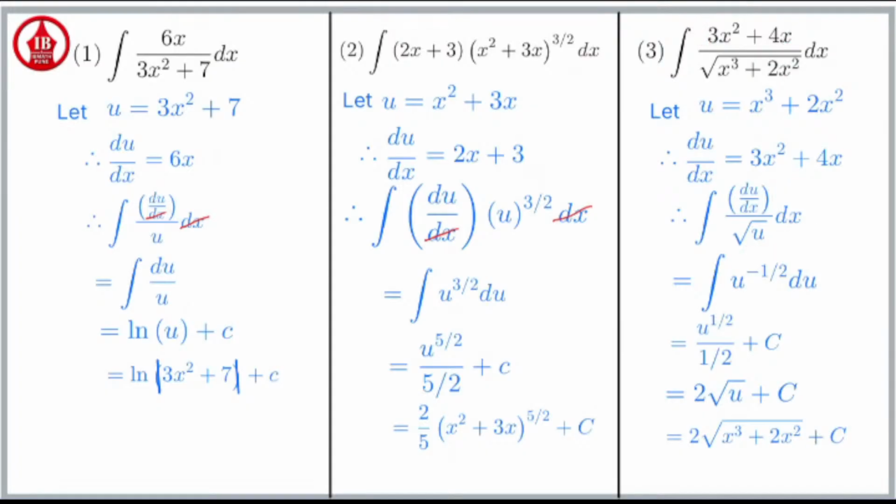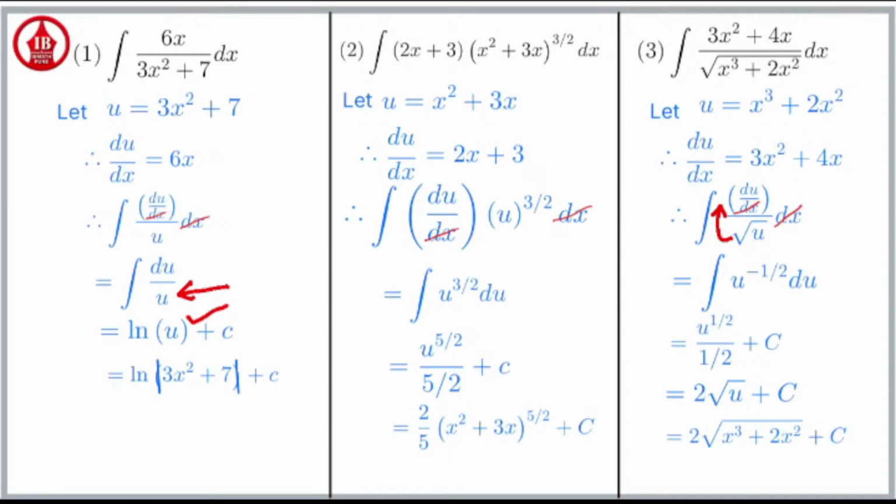Now after that we will cancel out dx and dx, right? And we are left with u to the power half in the denominator, which will have to be brought up. See, if there is linear in the denominator, then directly we integrate it as ln of denominator.